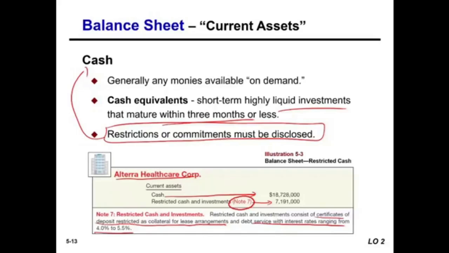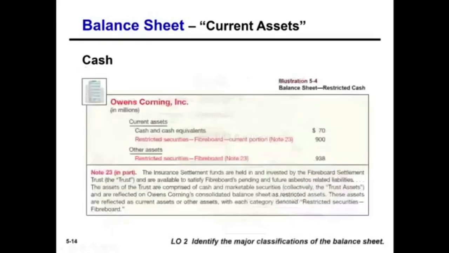So basically the bank tells them, for me to lend you money, you have to deposit some money and keep it on hold, and therefore the cash is not free, it's restricted. If they combined those two together, it would appear as if they have around 26 million, and they do have 26 million, but 7.2 million of it they cannot really touch. So they have to tell you that's the case.